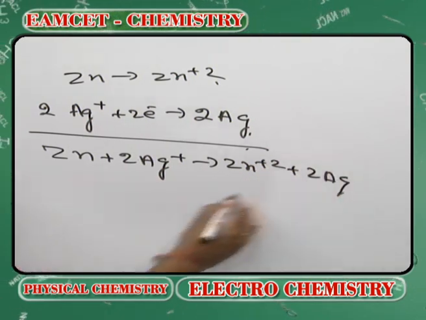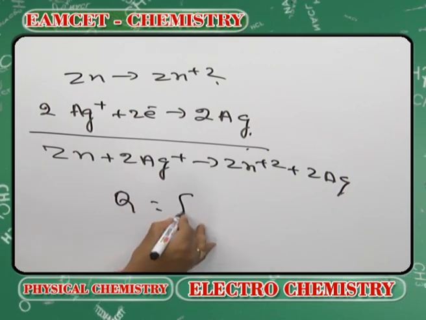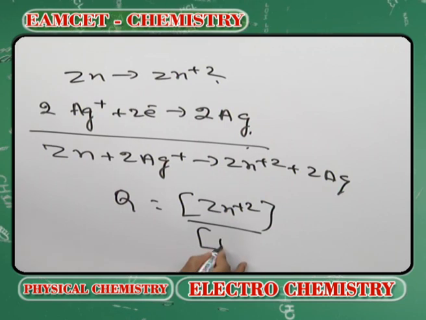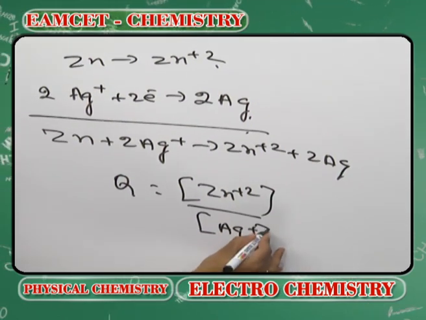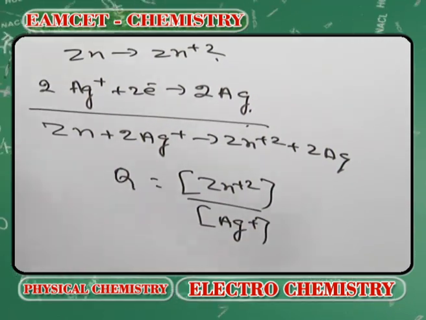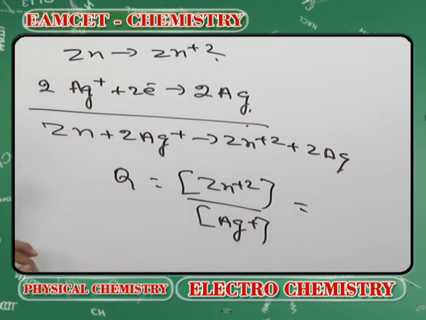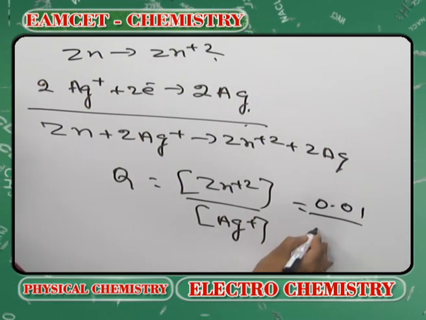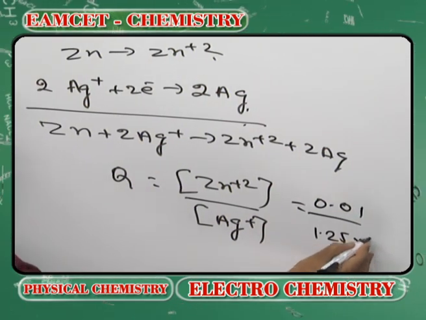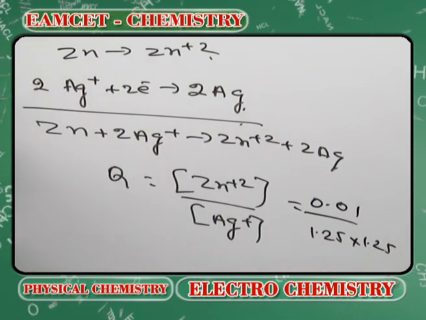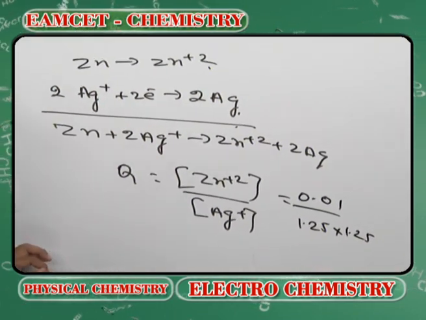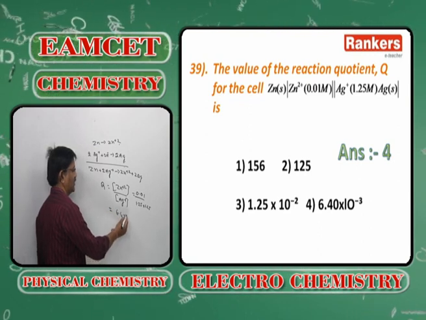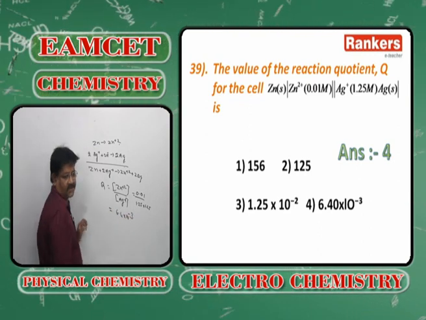So reaction coefficient Q will be equal to the concentration of Zn plus 2 by Ag plus concentration. What is the Zn plus 2 concentration given? 0.01. What is the Ag plus concentration? 1.25. Simplifying it, we get the answer as 6.4 into 10 to the power minus 3. Option 3 is the answer.